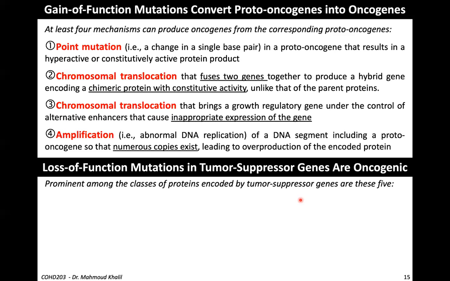Now the loss of function mutation occurs in tumor suppressor genes, and their protein products are classified into 5 classes.